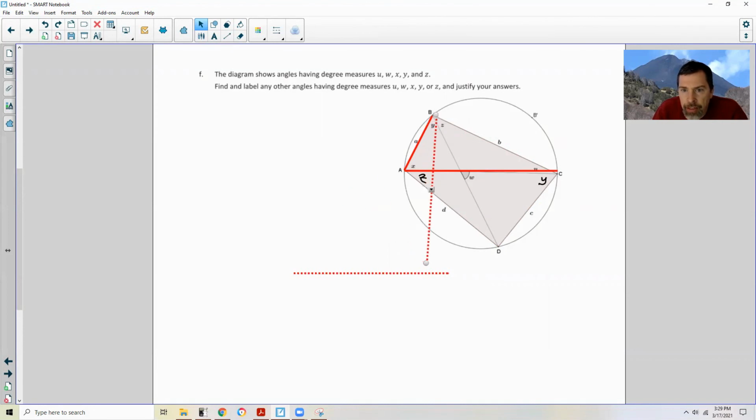Well, you put one end of your dash line at B and the other end at the same angle end that intercepts the same arc. So we have angle BAC is X degrees. And if I put this here, that goes to the same endpoint as AB, it's DB.